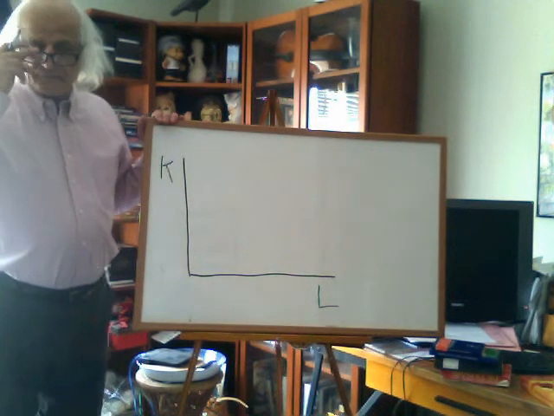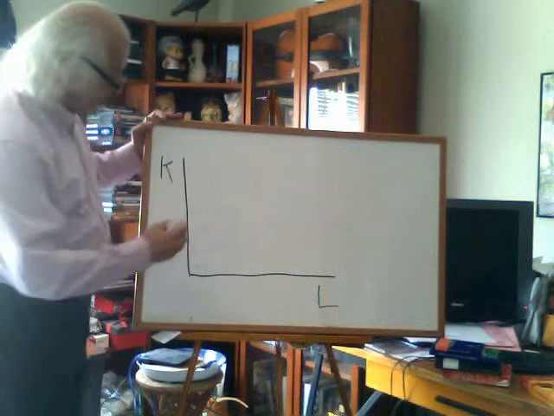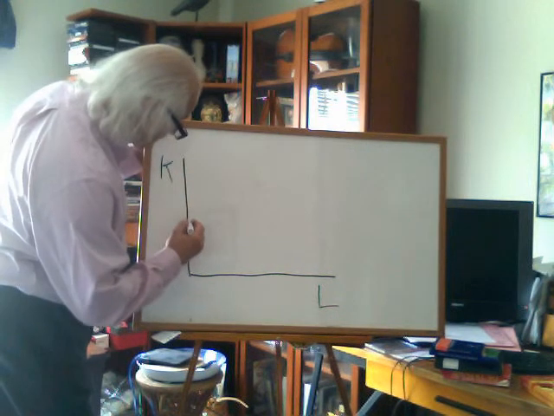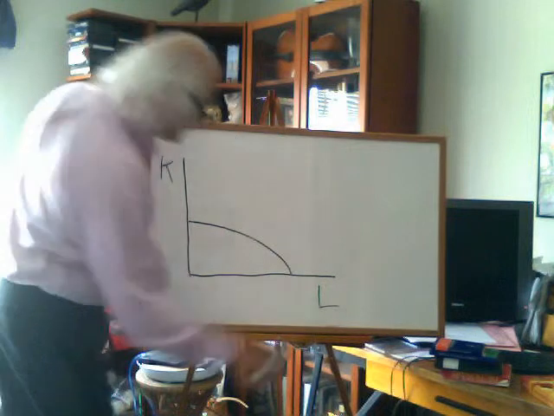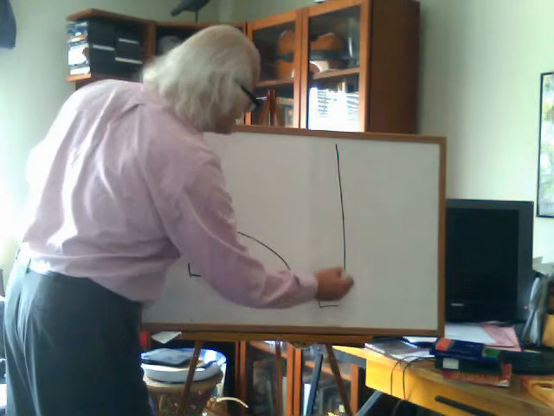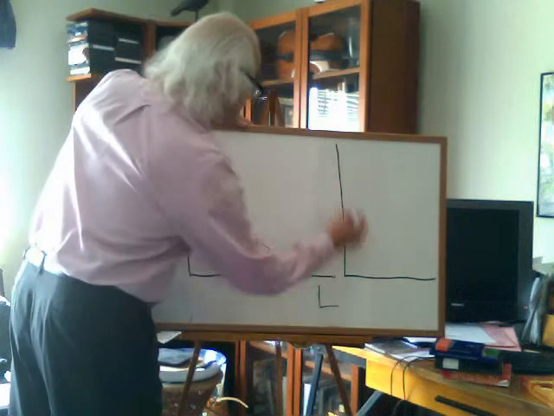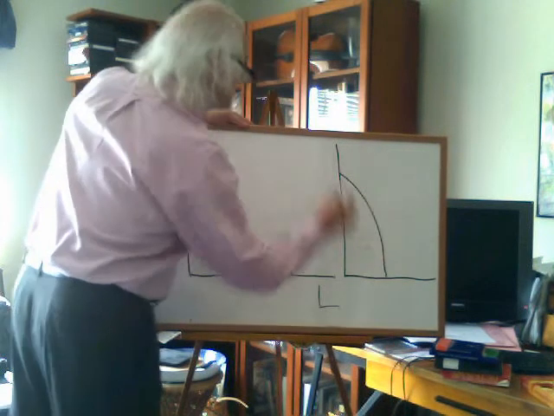So if you take all of these into consideration, what is going to happen? Well, you're going to find out that you have one country, for example, that is going to have such a production possibility curve, while another country is going to have, say, such a production possibility curve.